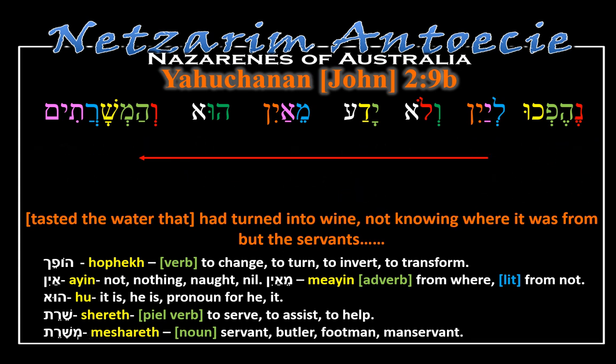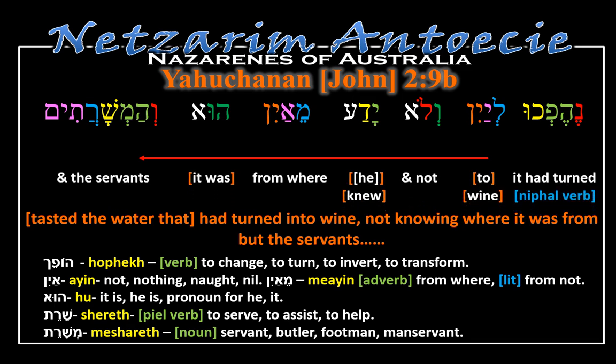So now we can read that. And it is ne-hefku le-yayin velo yada me'ayin hu ve-ha-mesharetim. It had turned to wine, and not he knew from where it was, and the servants. And often that's translated, but the servants.